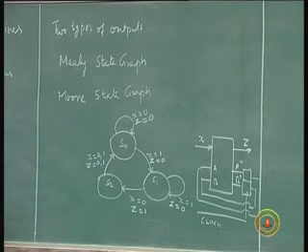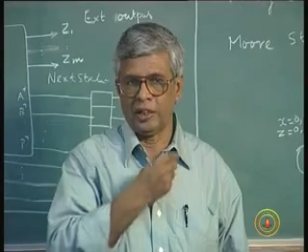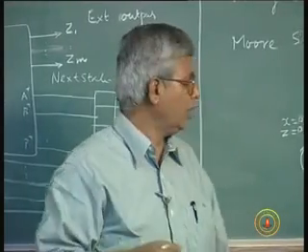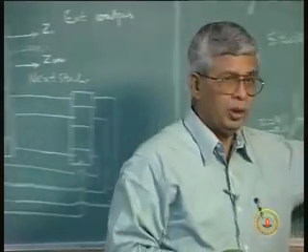So in other words, for each arrow, not only should I say what the input condition is which takes the circuit from a given state to the next state, I should also mark the output. Of course, I have taken a simple example of one output. There is nothing saying there should be only one output.